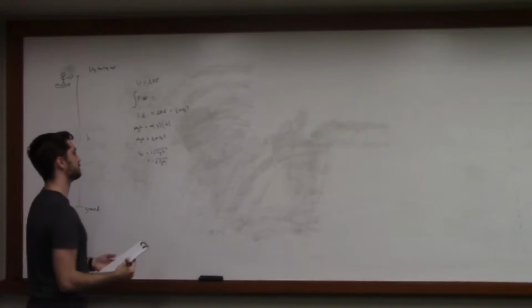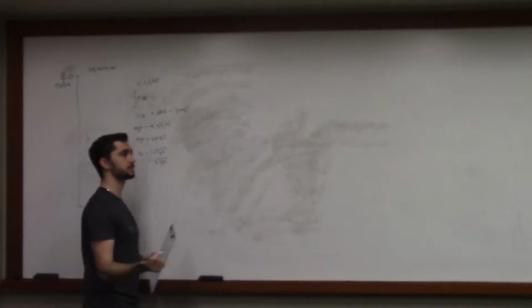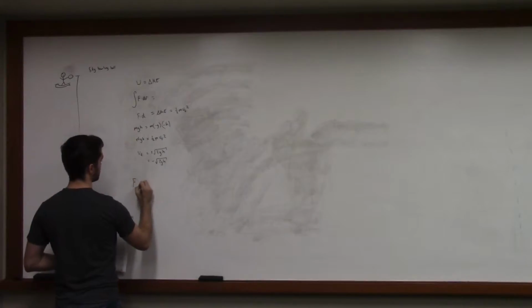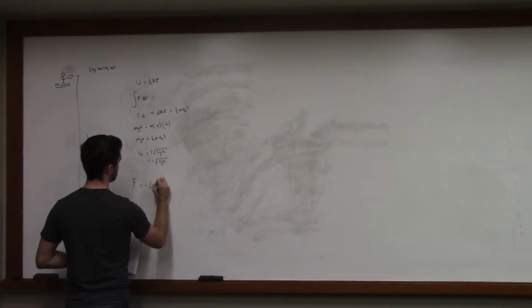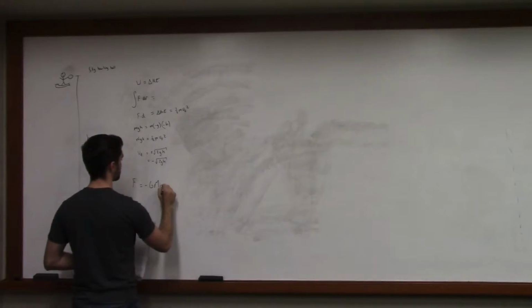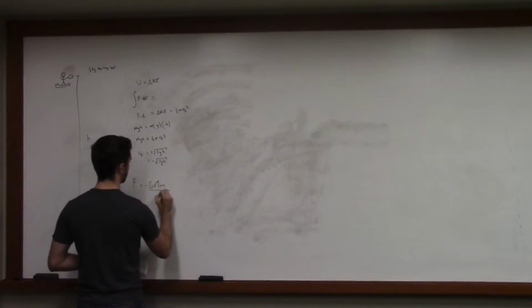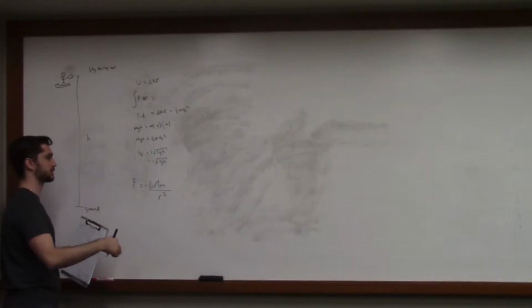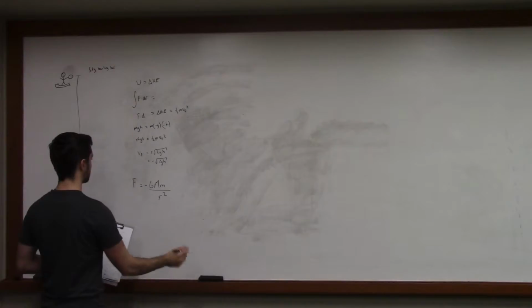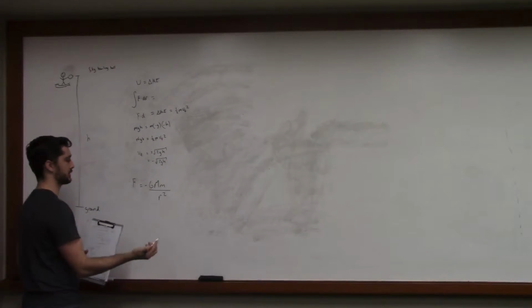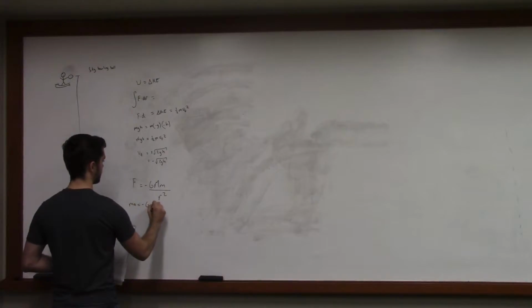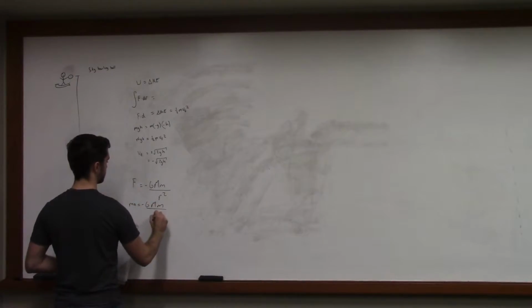Now I say approximate because you need to remember how we get g. If we go back to Newton's law of gravitation, you have F is equal to negative G times big M, which is the mass of the Earth, times little m, the mass of the bowling ball in this case, divided by r squared. And the negative just means that the force is directed towards the center of the Earth, which would be downward. Now, if you remember that F is equal to mass times acceleration, we can rewrite this as ma equal to negative GMm over r squared.